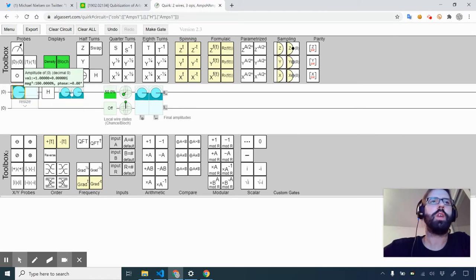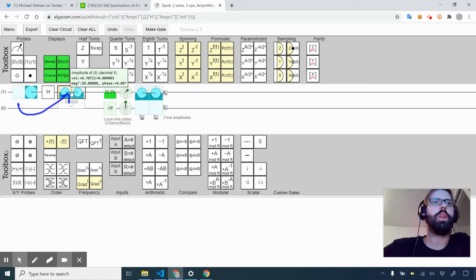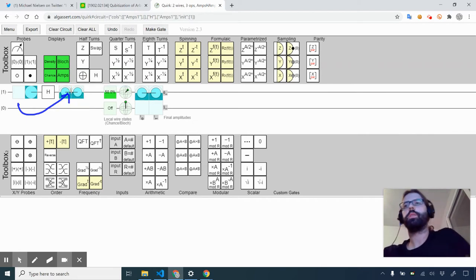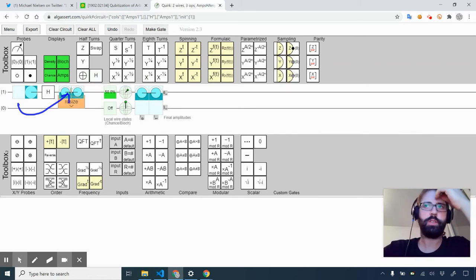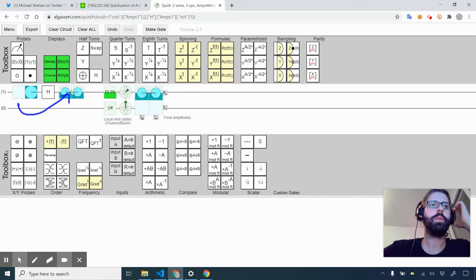So the 0 state translates into a state where the two phases are equal, and the state 1 translates into a state where the relative phase is 180 degrees. This is because information can't be lost. That's the key, because if we then uncompute, we go back to the initial state. That's what we want to do.